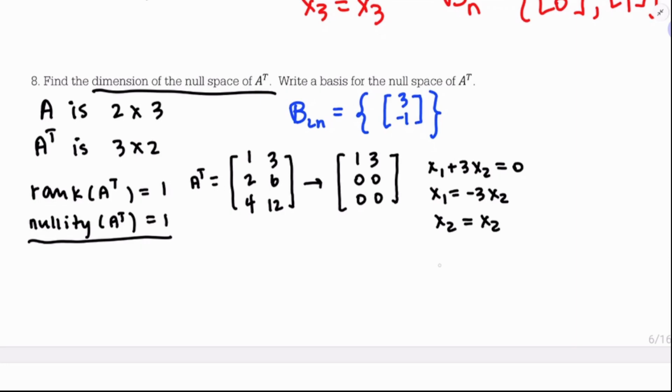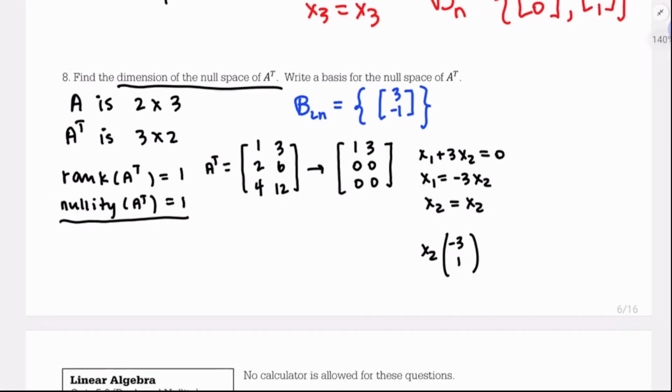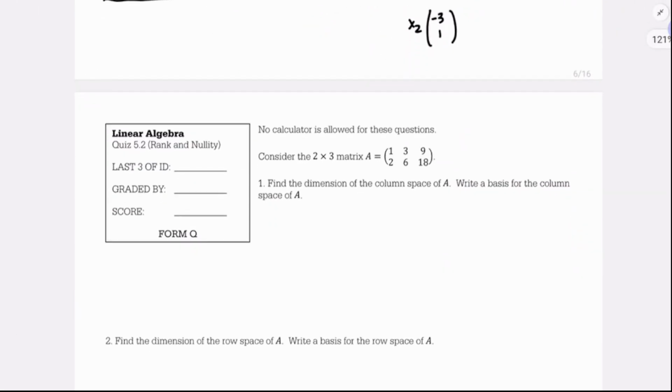So this would be like x2 multiplied by the vector -3 and +1. And so if you get the basis -3, 1, that's no different from getting a basis of 3 and -1. Yeah, it's one vector. It's where the second vector is -1/3 of the first. Okay, so that's our basis for the left null space, or the basis for the null space of A transpose.